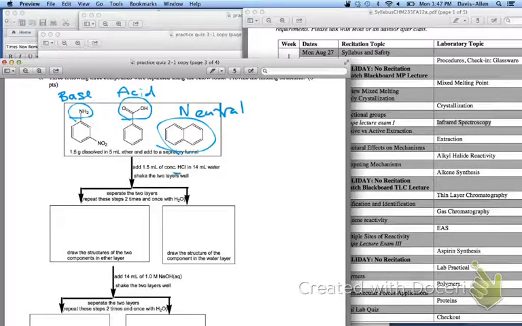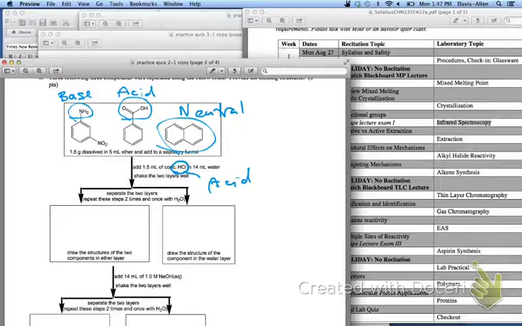What happens if I add HCl? What's HCl? An acid. What do acids react with? Bases. So I can now set up a reaction between my acid and the base. What do acids do? They donate protons to bases.